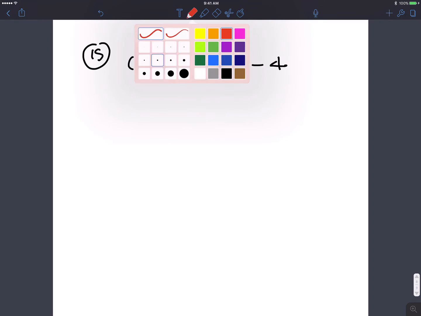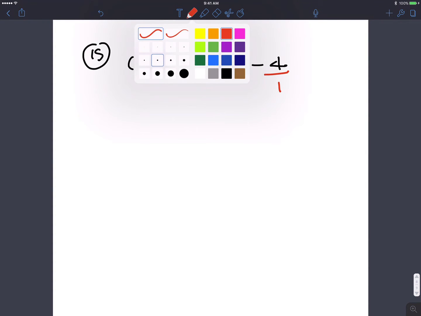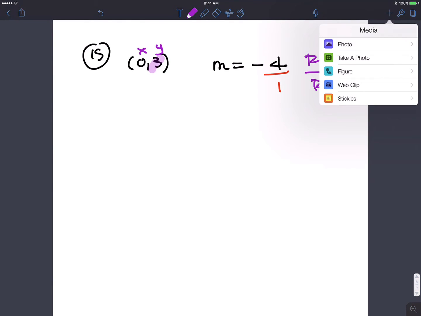Our slope of negative 4 can be written as negative 4 over 1 because any number divided by 1 is itself. So we have a rise of negative 4 and a run of positive 1. That means we're going to go down 1 unit and to the right 1 unit. Let's add our paper.